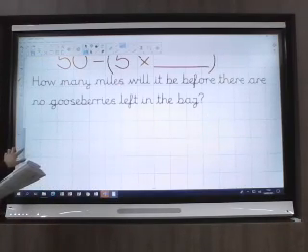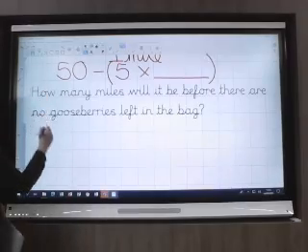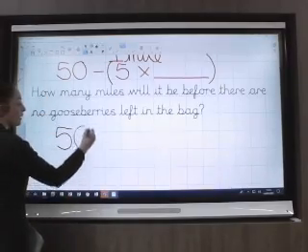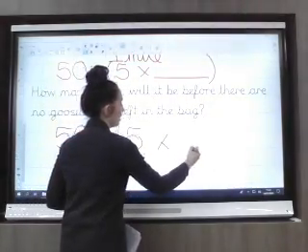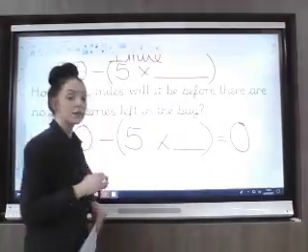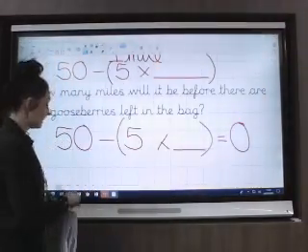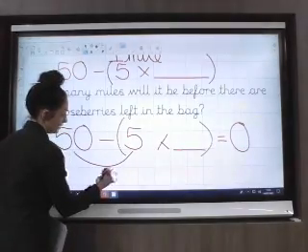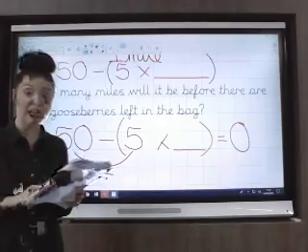The next part of your question then says, how many miles will it be before there are no gooseberries left in the bag? So you're going to use that same formula that you've just used. We don't know what this is because that's what we're being asked. You just need to work out now what that missing number is. You just need to do 50 divided by 5, and that will give you your answer.